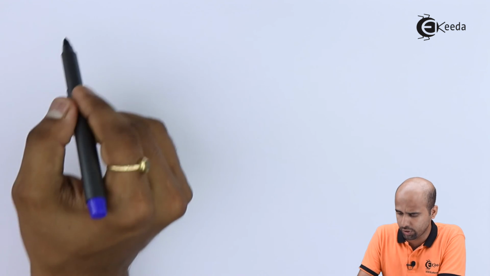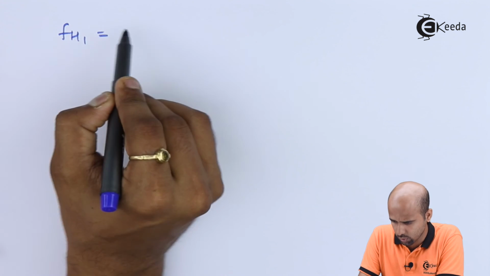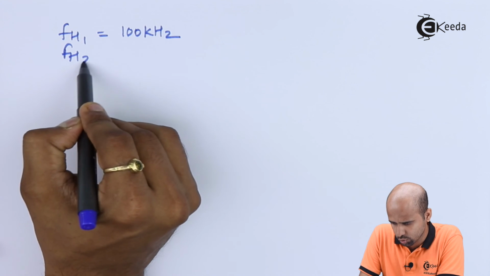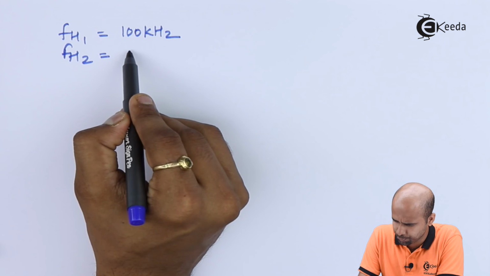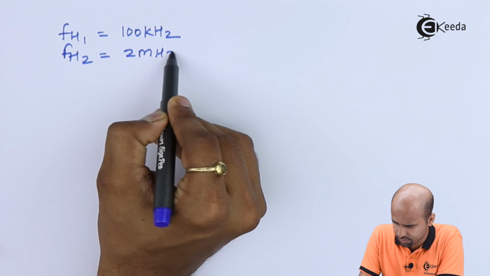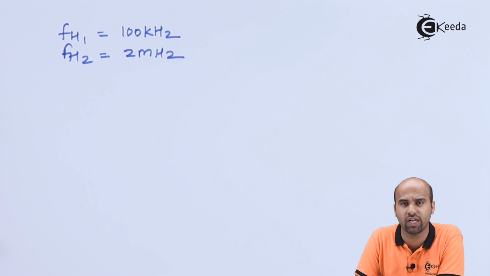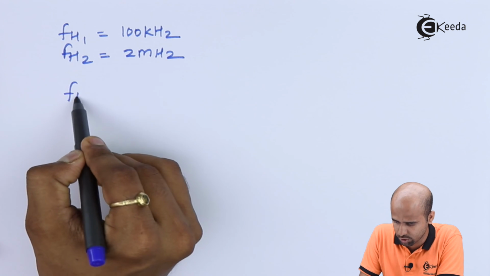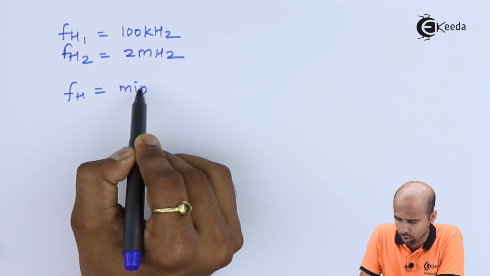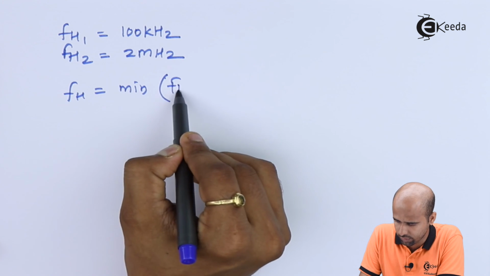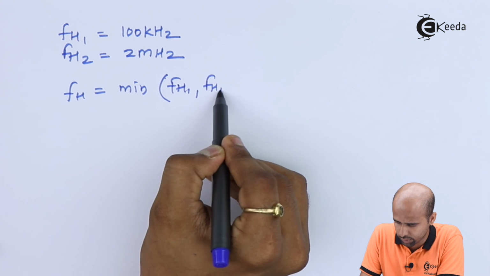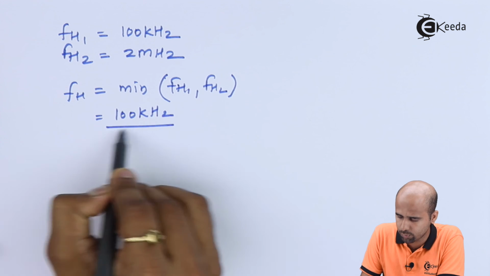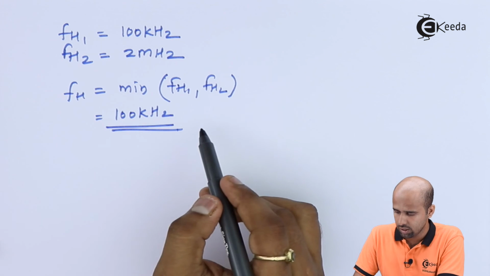If we take an example, FH1 is equal to 100 kilohertz and FH2 you are getting as 2 megahertz, then I have to select the least value, the minimum of these two values. So FH is equal to minimum of FH1 comma FH2, and that is equal to 100 kilohertz. That should be your answer, right?